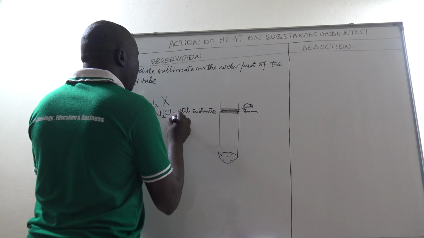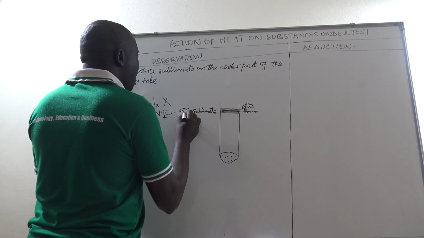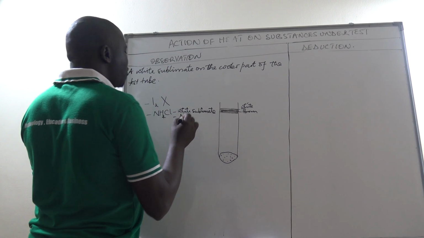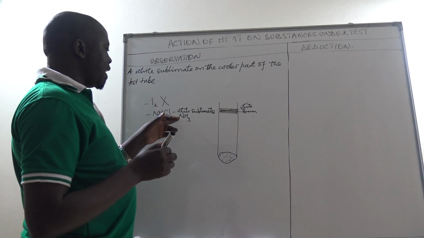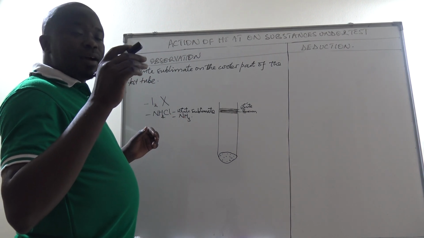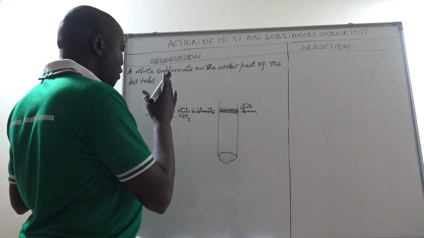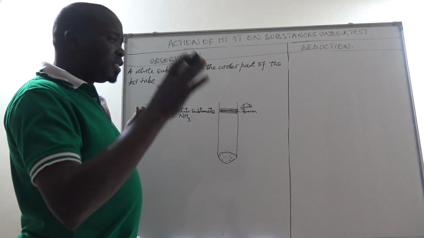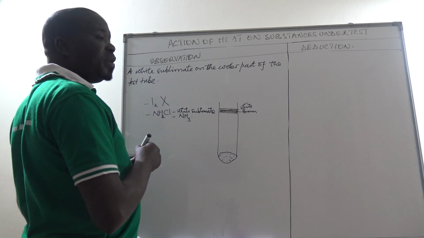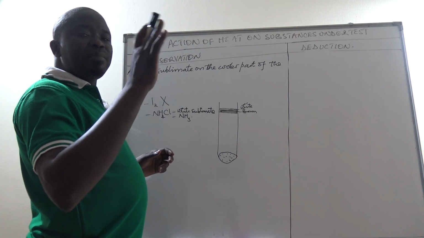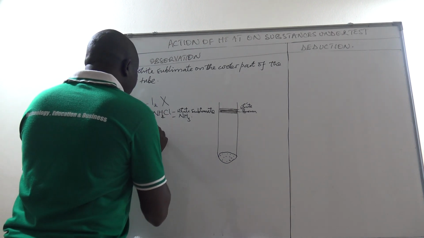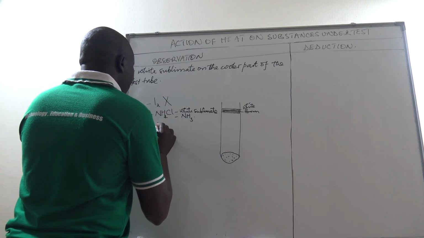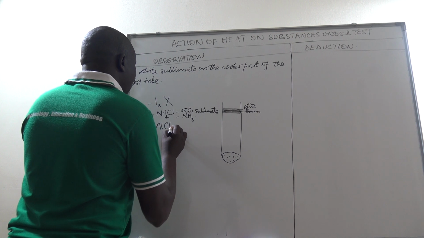and you are also able to get ammonia gas, which you will be able to take note of very easily because it will be having a distinct choking, irritating smell, and it will be able to turn moist red litmus paper to blue in this case. And then we also have aluminium chloride.